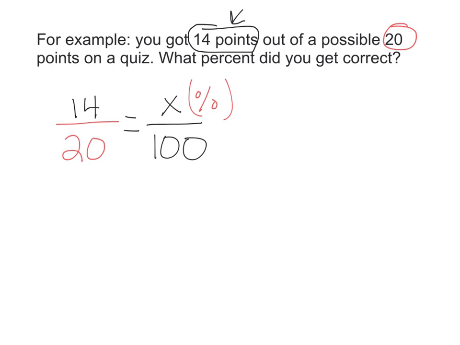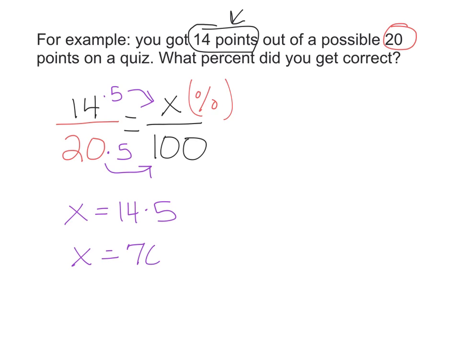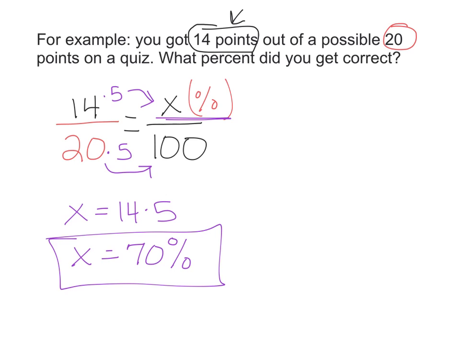I think I'm going to use what I know about multiples, and I know 20 times 5 is 100, so then I'm going to multiply 14 times 5 to get x. So x is going to equal 14 times 5, and that is 70. And don't forget, this is representing a percent, so you need to put a percent there. So if you got 14 points out of 20, you would have gotten a 70% on this quiz.